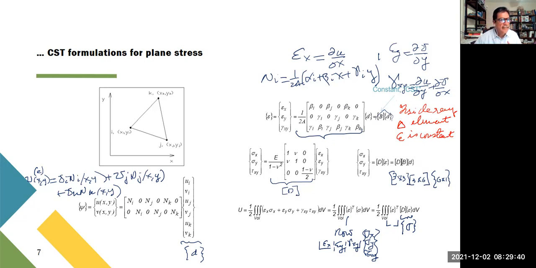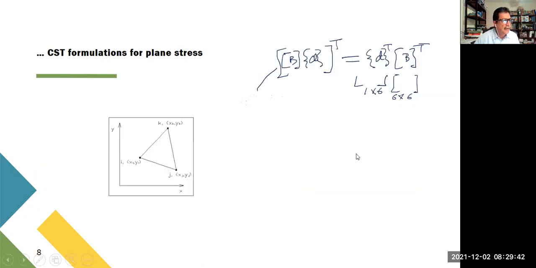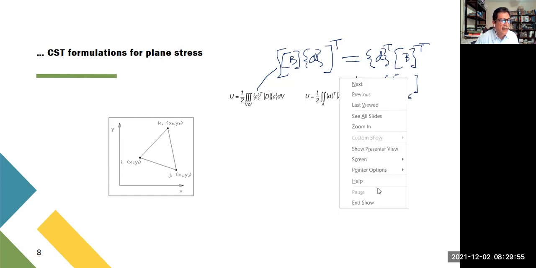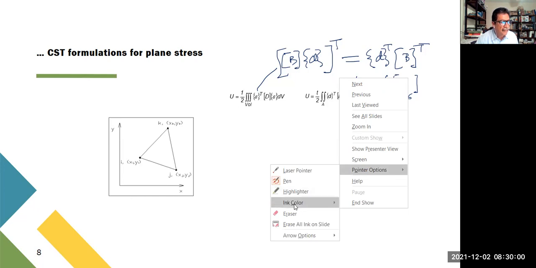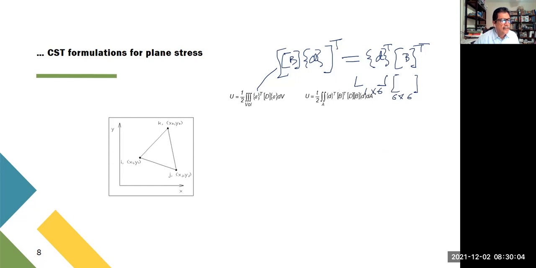Okay, now let's use this in the other integration. So we have this and this. Now here, remember, the B matrix is constant. The D matrix is constant because we are working only with linear elastic materials. Okay? So the integration of this is going to be simple; all of this will be outside the integration.